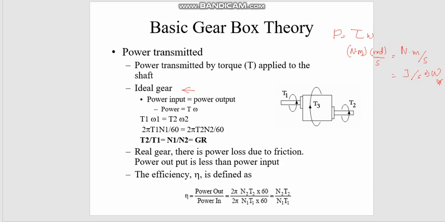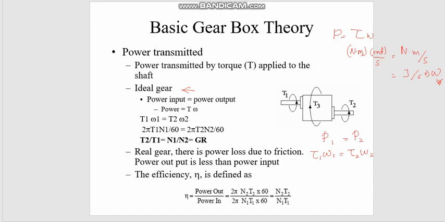Then we can say that power 1 equals power 2, right? So what's power? Power is equal to torque 1 times omega 1 equals torque 2 times omega 2.